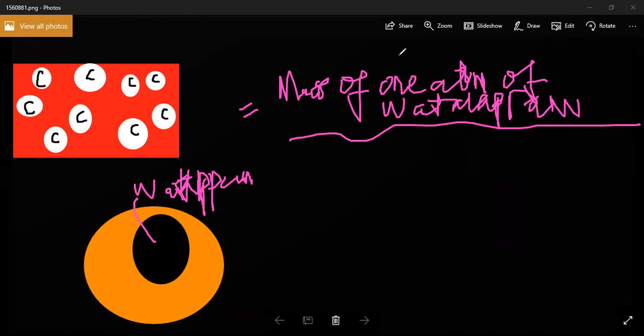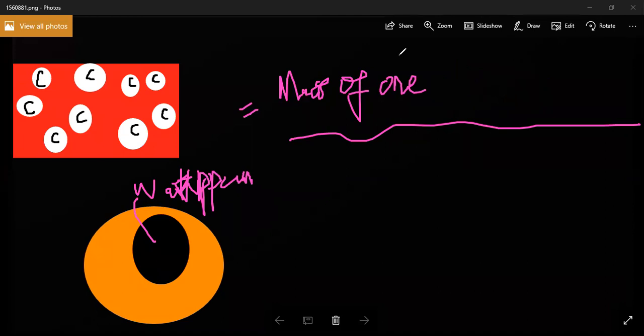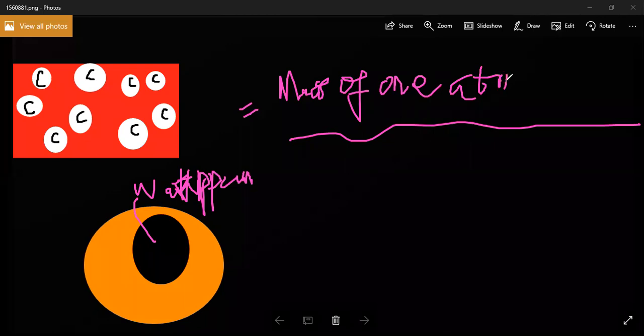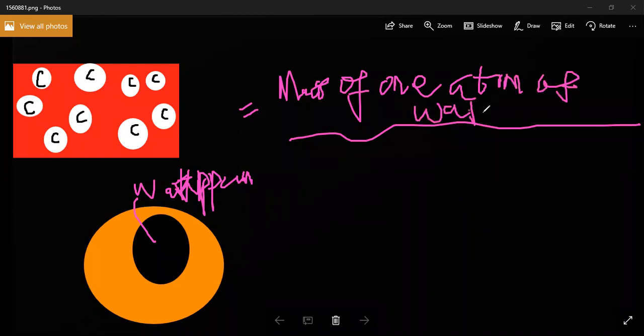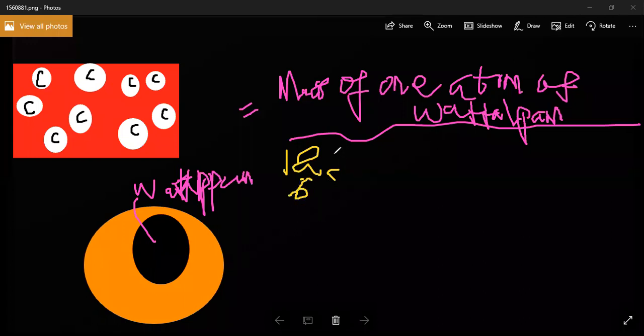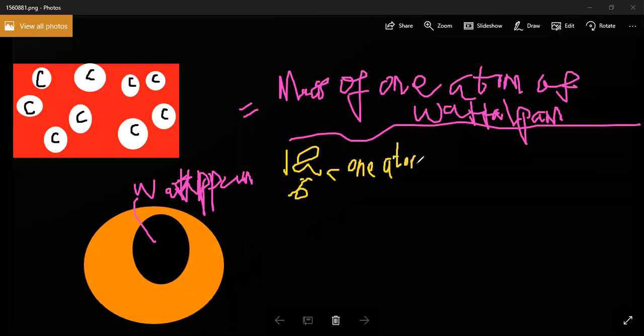Mass of one atom of Vattalapam over 12C carbon, one atom mass into 1 over 12.